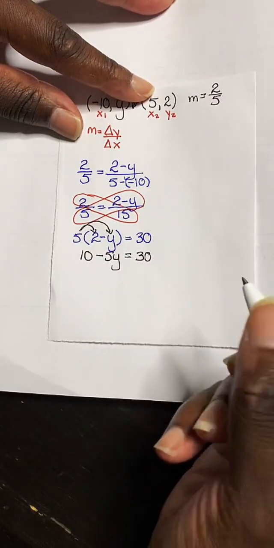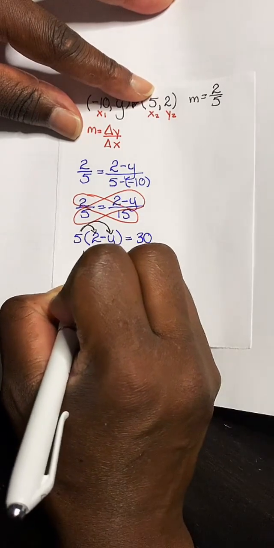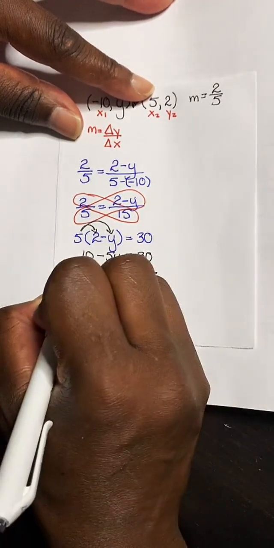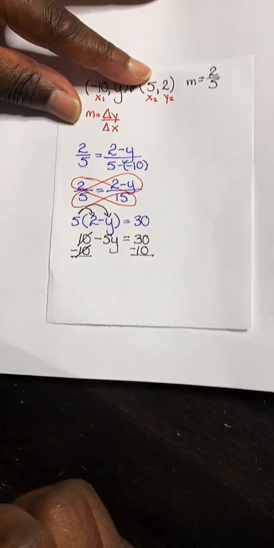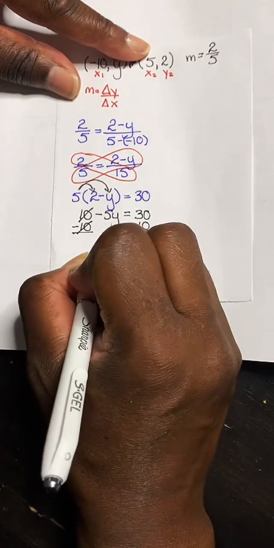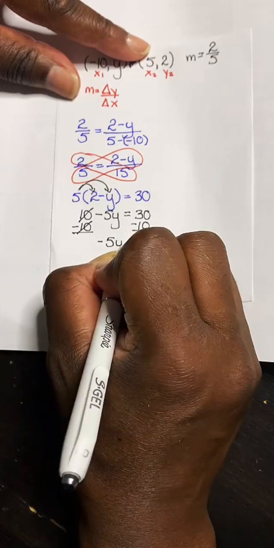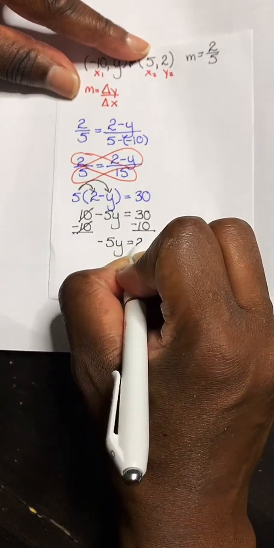Good, Kaya. Good, Danielle. Good, Big Al. I see you guys. So subtract the 10 on both sides. Positive 10 and negative 10 will cancel out. So I can bring down my negative 5y equals 30 minus 10. That gives me 20.